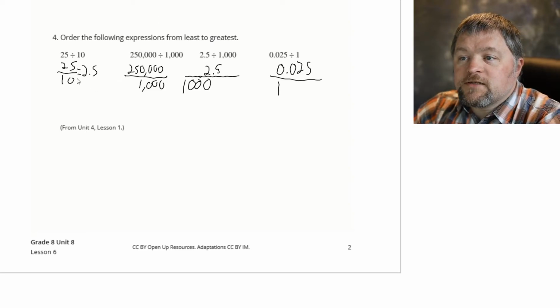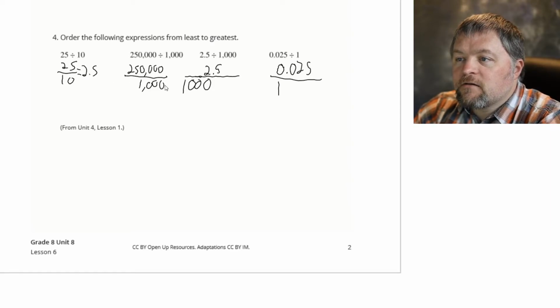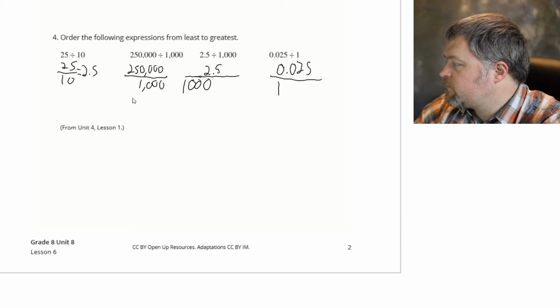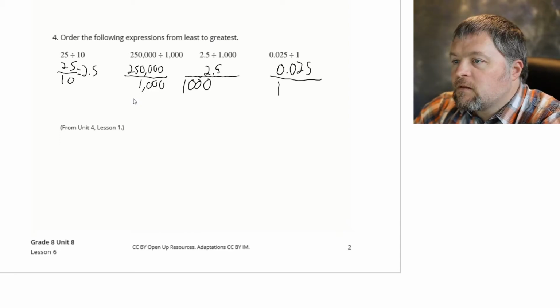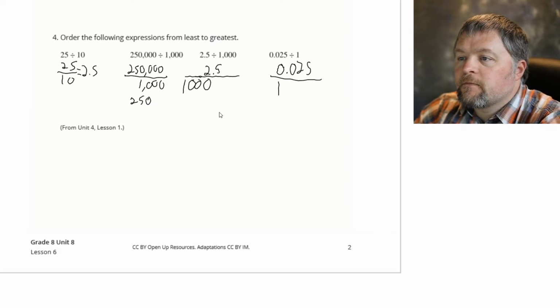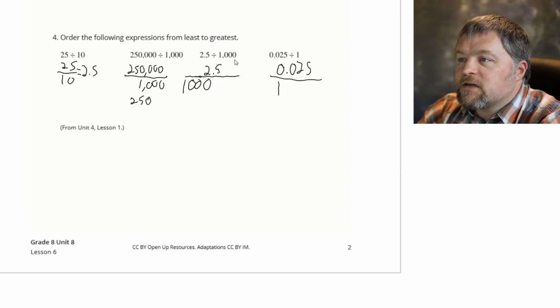You'll notice with this one, because we divided by 10, we moved the decimal point 1 spot. This one here, we're dividing by 1,000, so we can move the decimal point 3 spots. So this one is equal to 250. 2.5 over 1,000.